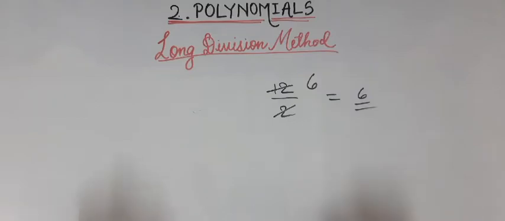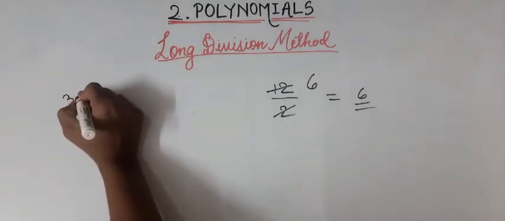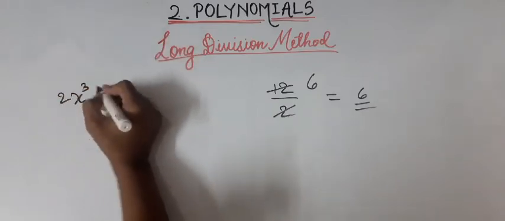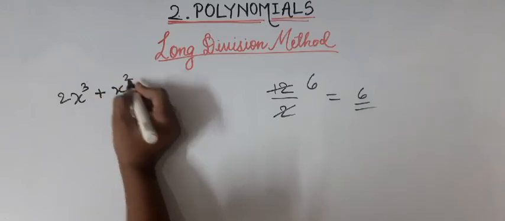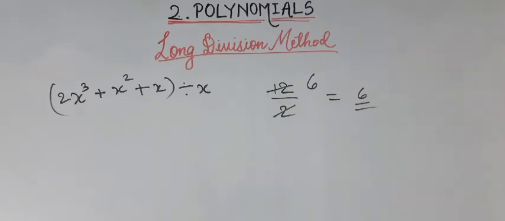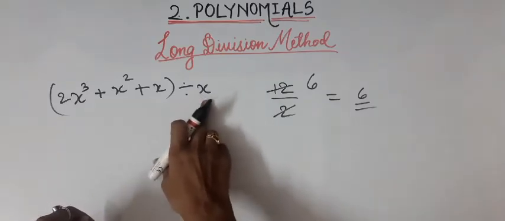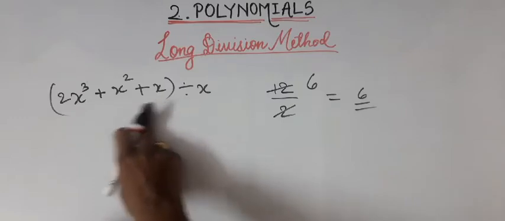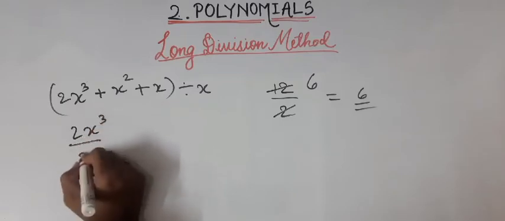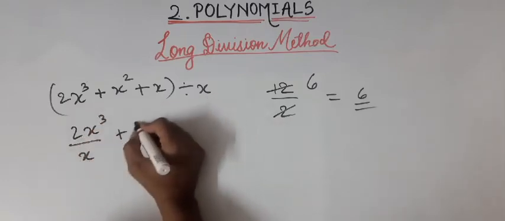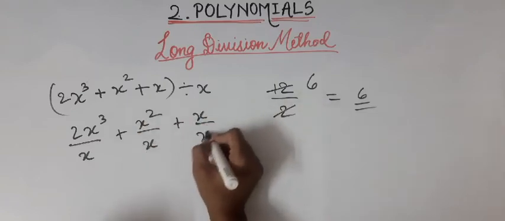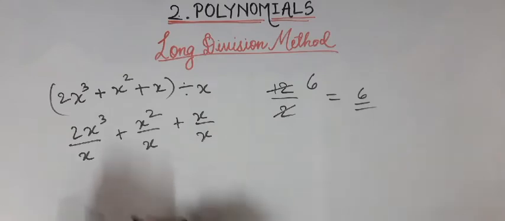Suppose, let us take one example: 2x cube plus x square plus x, divided by x. This polynomial is divided by this x. So can I write this like this? 2x cube divided by x, plus x square divided by x, plus x divided by x.